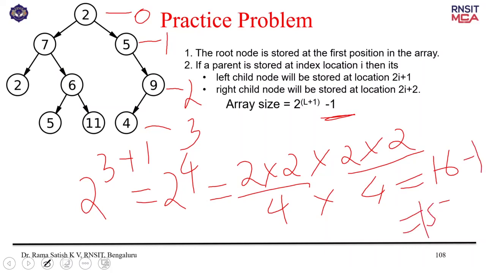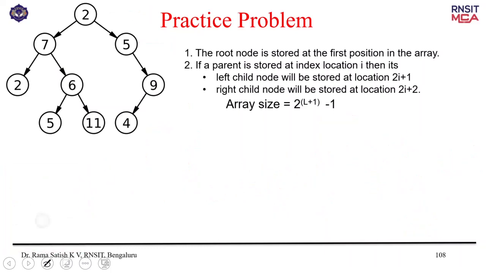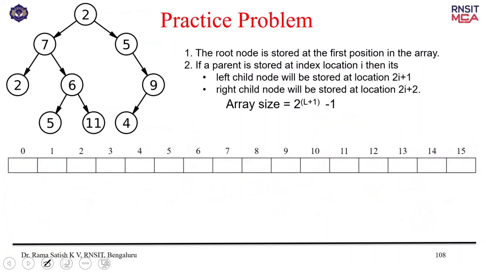So there are 15 positions I need in order to store this entire tree. So my size of the array is 15. You can see it's created, 0, 1, 2, 3, 4, 5, 6, 7 up to 15.